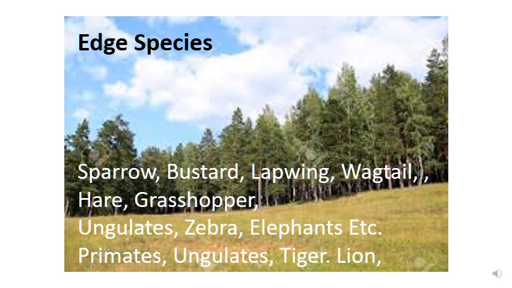These are a combination of species from the grassland. Ungulates and predators, elephants, zebra, primates are animals of the forest. So these species will be known as the edge species.